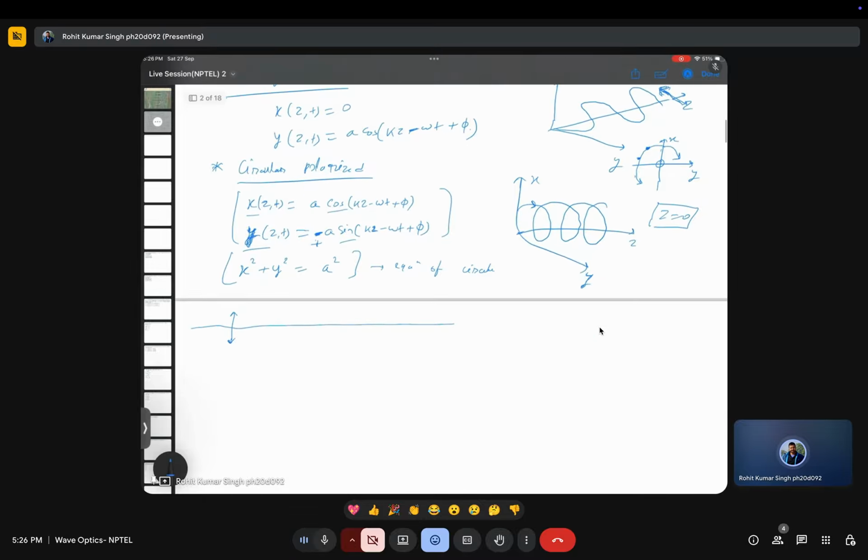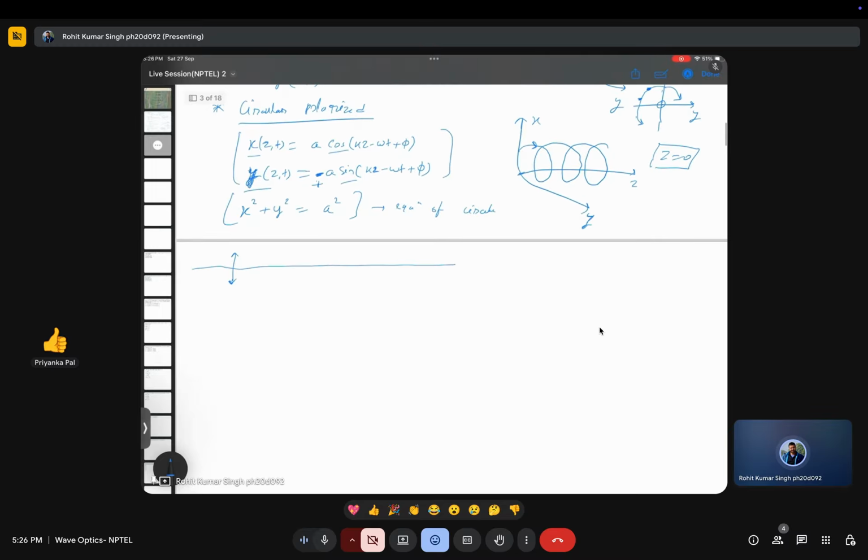Now coming back to the linearly polarized wave. You have a linearly polarized wave like this, and you put a narrow slit like this. The wave is coming here. What will happen? It will simply pass through, right?